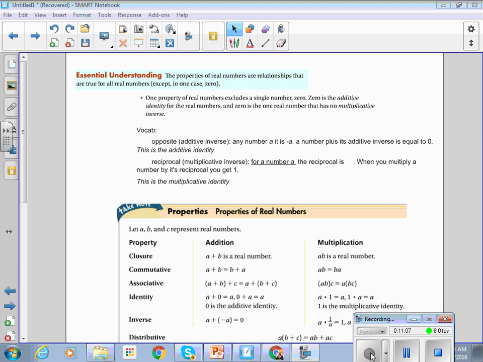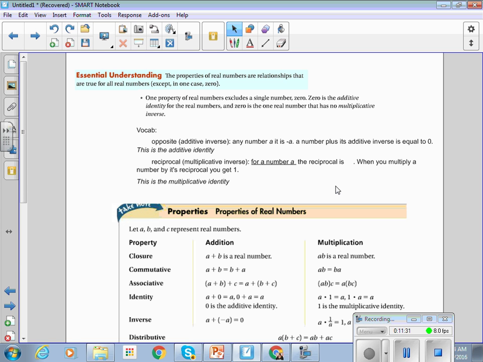All right, so let's go over these topics real quick. Our essential understanding is that properties of real numbers are relationships that are true for all real numbers except for crazy 0. We are going to be talking about opposites. That is an additive inverse.